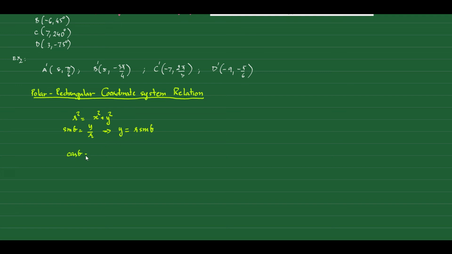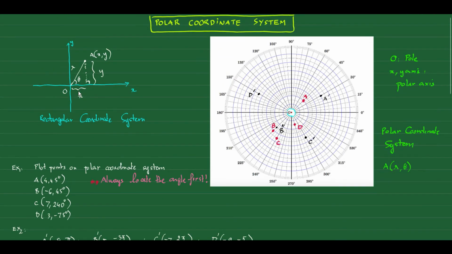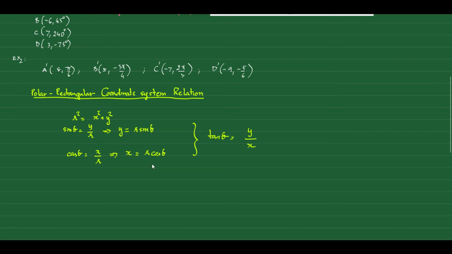Cosine theta will be x over r, so x equals r cosine theta. So this is the relation. If you know the radius and the angle, we can get y and x. And tangent theta is easy: tangent theta will be y over x, opposite over adjacent. So this is the relationship between polar coordinates and rectangular coordinates.